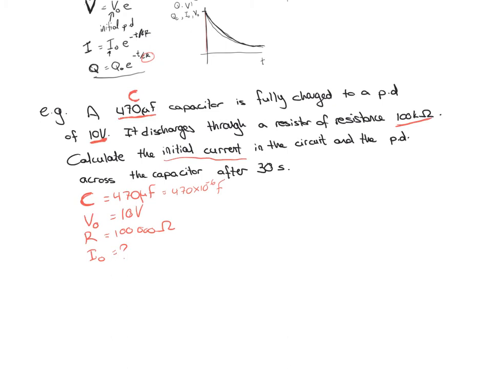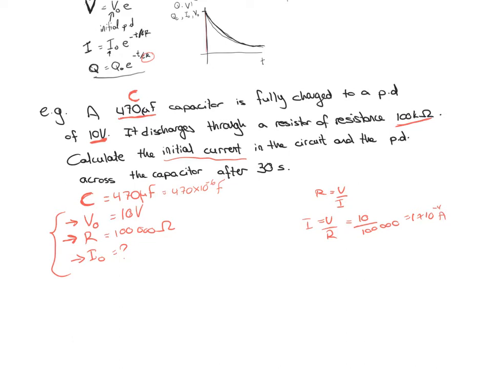I have the initial voltage and the resistance of the resistor, so I can find I, because I know an equation that links all three together. In this case it is V equals I R, which gives me I equals V over R, and you get 10 divided by 100,000, which is 1 times 10 to the minus 4 amps.